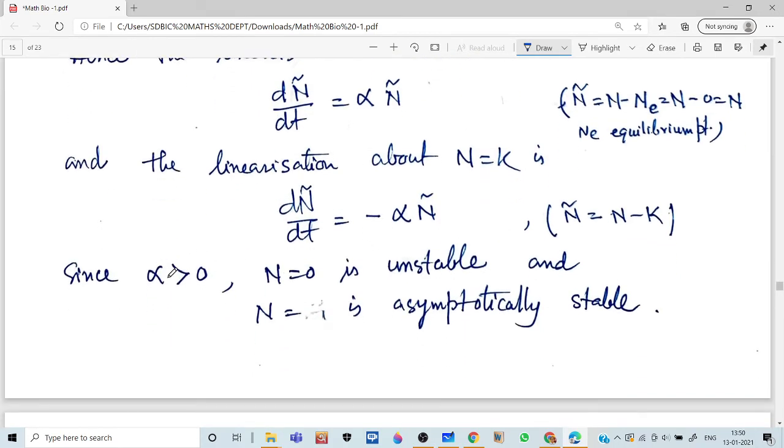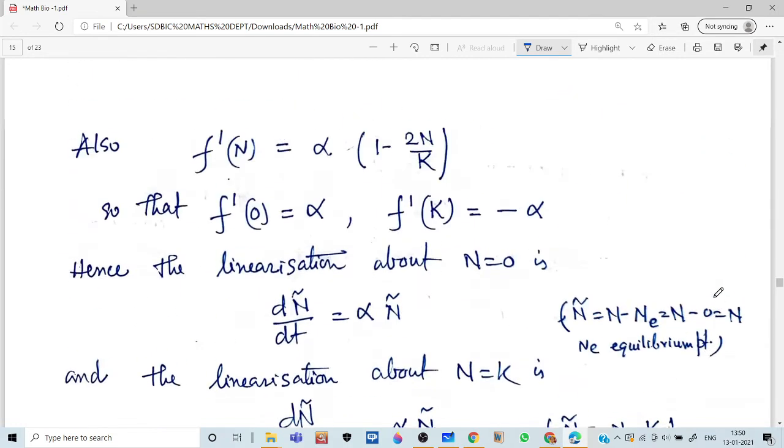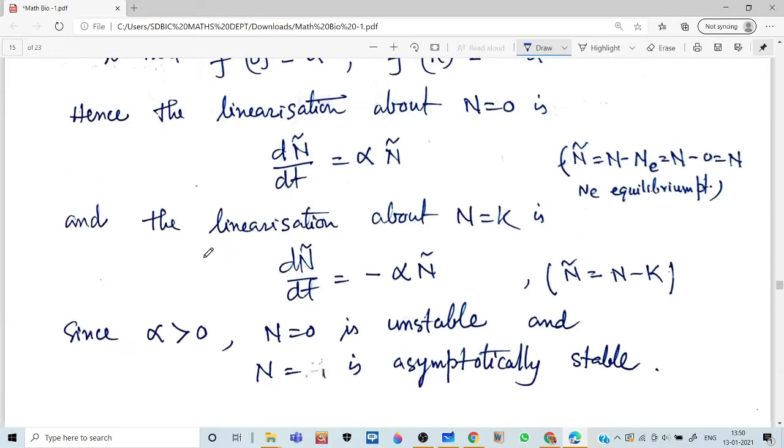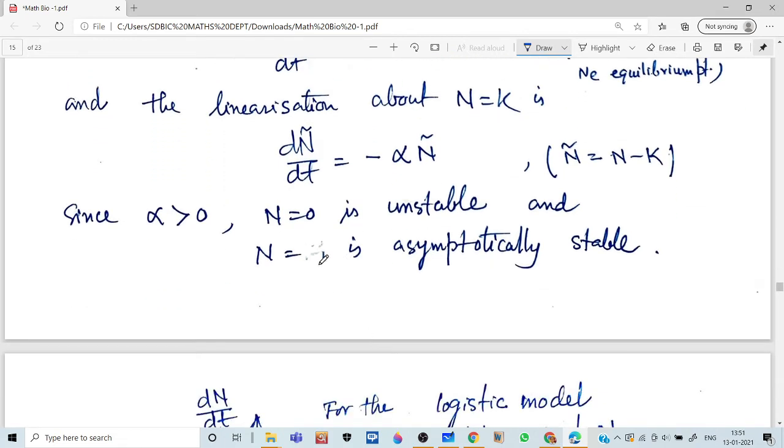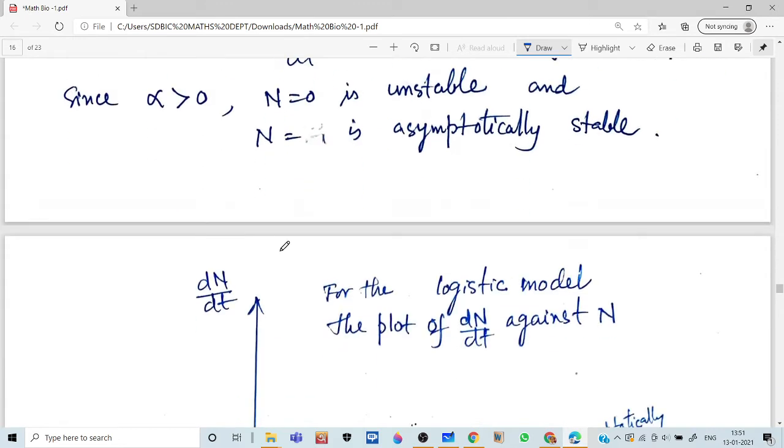Since alpha is a positive constant, n equal to 0 is unstable, and n equal to k is asymptotically stable. N equal to 0 is unstable for alpha greater than 0.